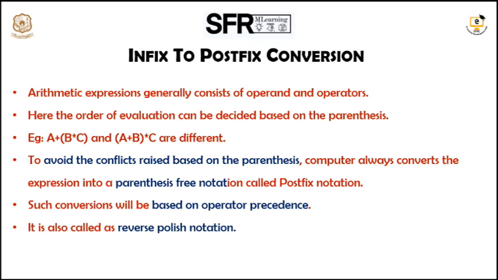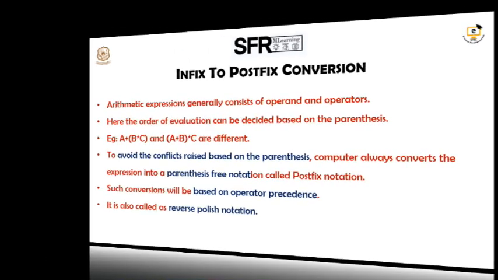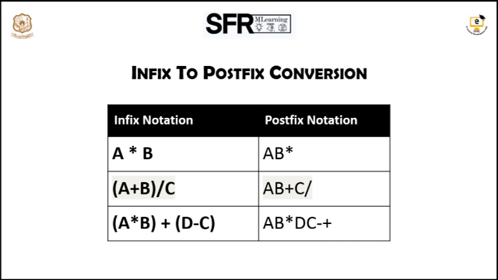So, to avoid the conflicts raised by parentheses, the system always follows a format called postfix expression for evaluation. A postfix expression is a parenthesis-free expression. The other name for postfix expression is reverse Polish notation. Here the evaluation is mainly based on the operator precedence. So this is an example of postfix expressions.